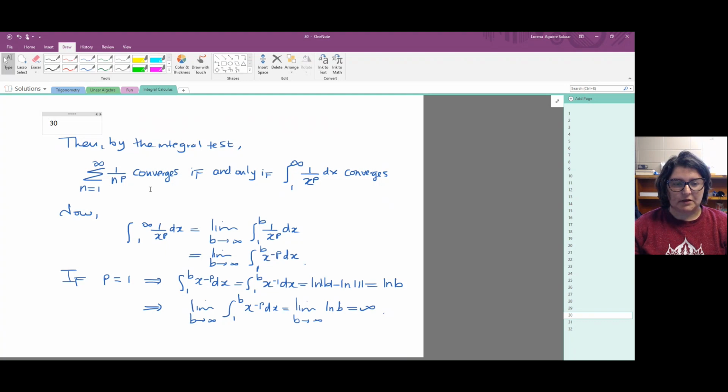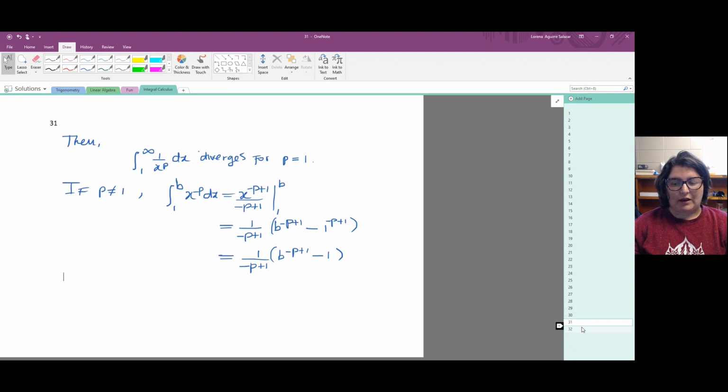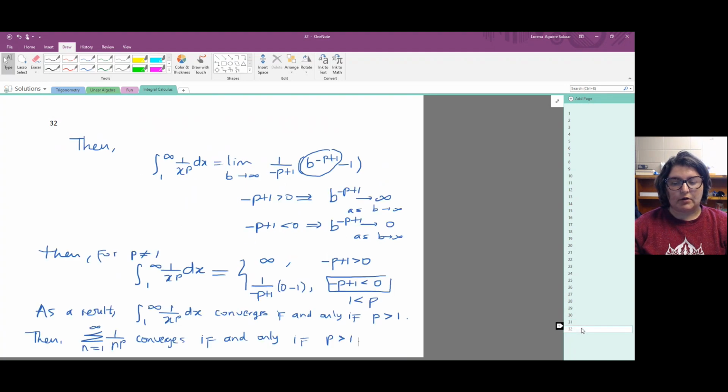Having convergence of our series is the same as having convergence of that integral. We found that we have convergence of the integral for p greater than 1 only. Then we said our series converges for p greater than 1 only.